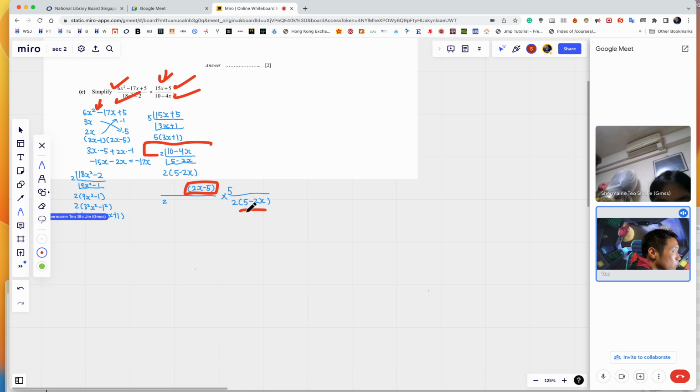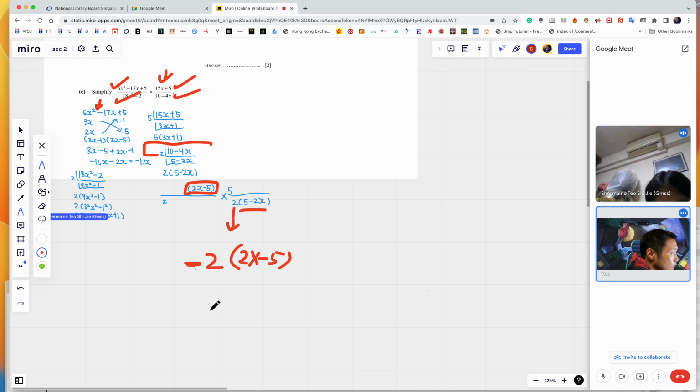So what you can do to your 5 minus 2x here? Switch it around. Yeah, if you switch it around, what do you need to do? You put the minus sign. Correct. In front. So in front there is a 2 here, right? So the minus sign you need to put in front of the 2.